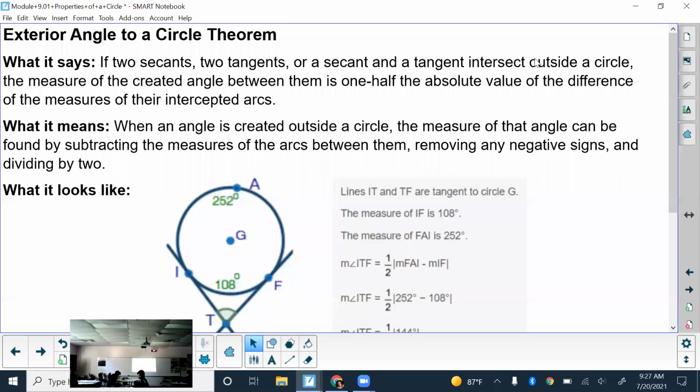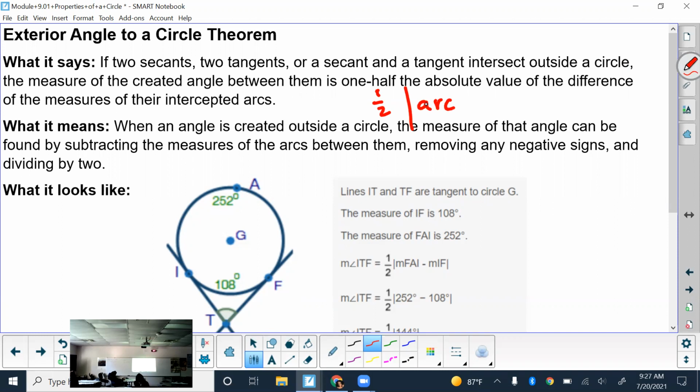Next is the theorem about angles outside a circle. If two secants, two tangents, or a secant and a tangent intersect outside a circle, so basically any two lines that intersect outside a circle, the measure of the created angle between them is 1/2 the absolute value of the difference of the measures of their intersected arcs.